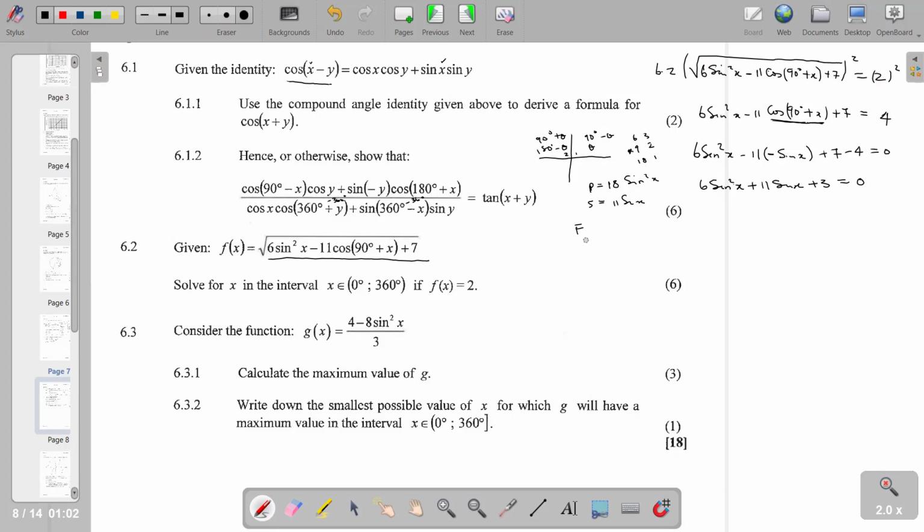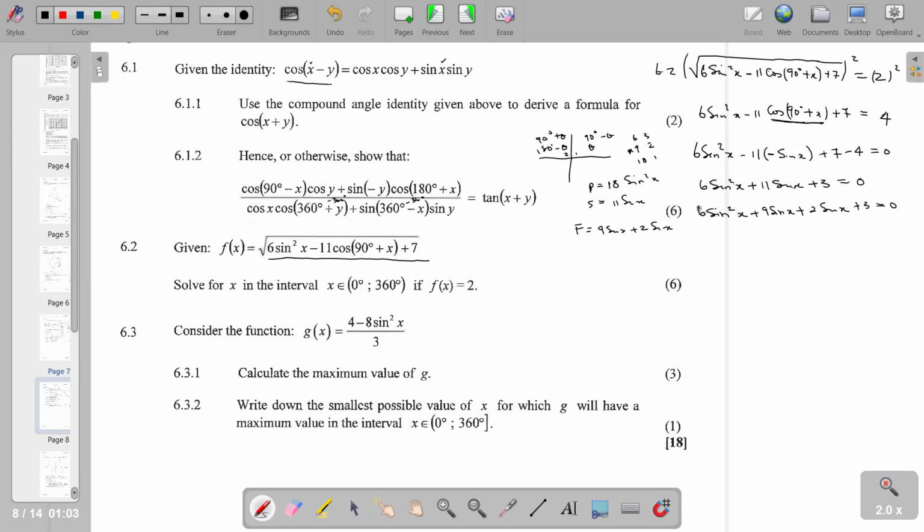But if we check all these pairs, the only ones that when we add we get 11 are 9 and 2. So our factors are going to be 9 sine x plus 2 sine x. So this part replaces our sum. So it means here can be written as 6 sine squared x plus 9 sine x plus 2 sine x plus 3 equal to 0.